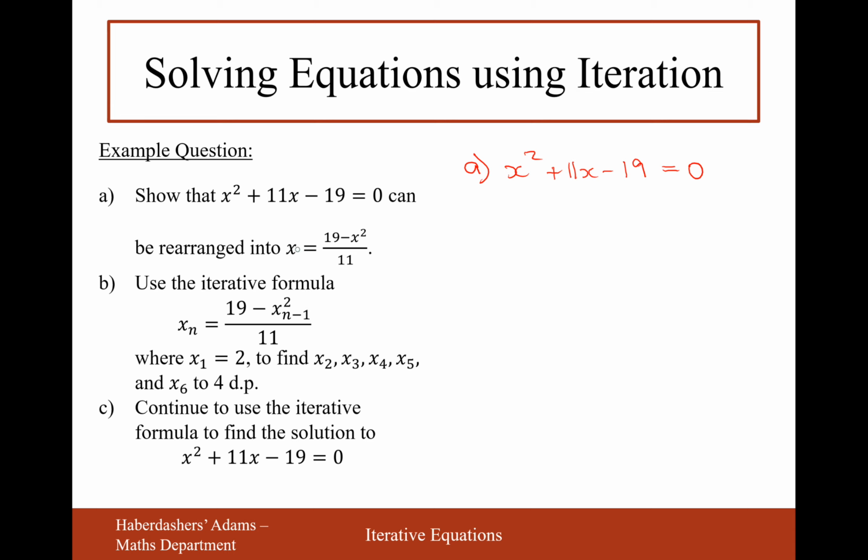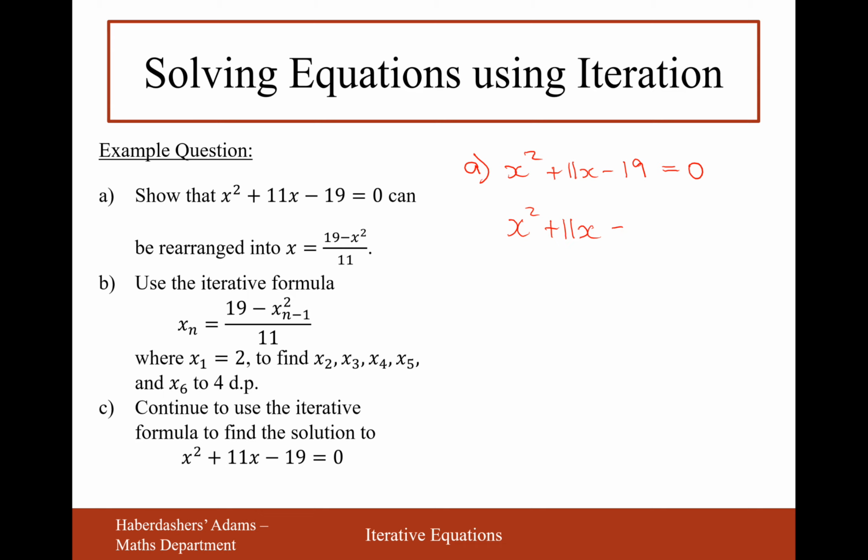Now looking at what we want to rearrange it into, it looks like we divide by 11 at some point. So I'm thinking, don't move this 11 here, 11x. The 19 looks like it moves from negative to positive, and the x squared moves from a positive to a negative on the other side, and then we divide by 11 after we've got this on the other side. So I'm thinking, okay, first thing to do is add 19 to both sides.